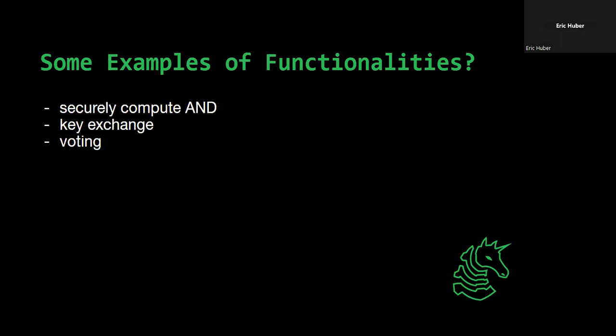Let's take a quick second to talk about a different concept, which is functionalities. A few examples of functionalities would be computing AND, key exchange, and voting. So ultimately, it's a goal that parties want to achieve.